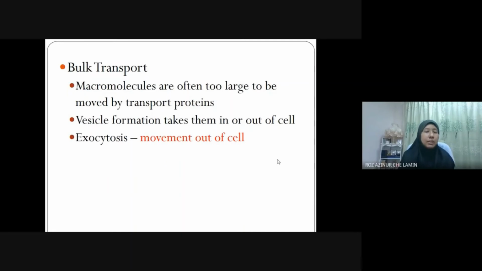Okay, for bulk transport, macromolecules are often too large to be moved by the transport protein. So vesicle formation takes them into or out of the cell. There are two types of bulk transport. First is exocytosis, which is the movement out of the cell.